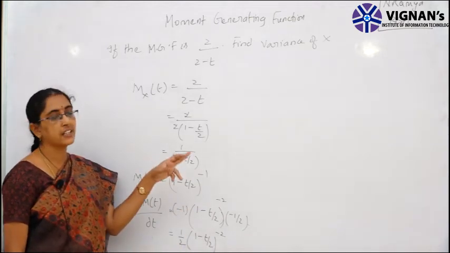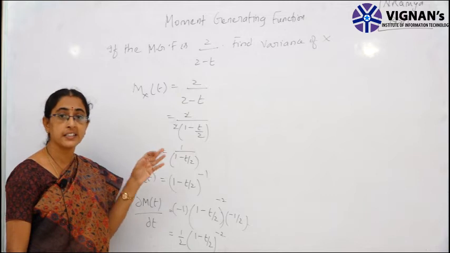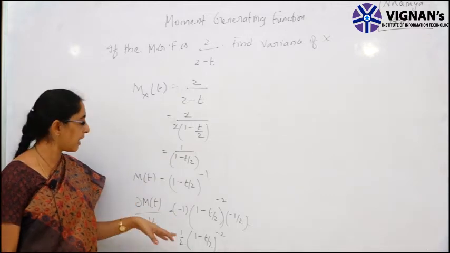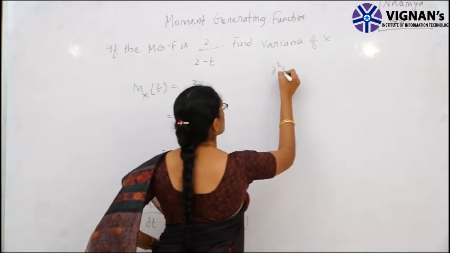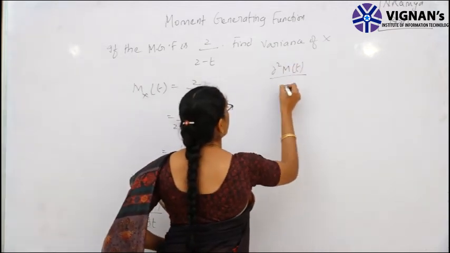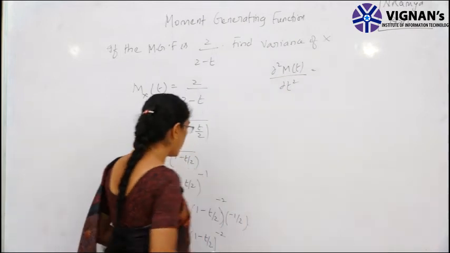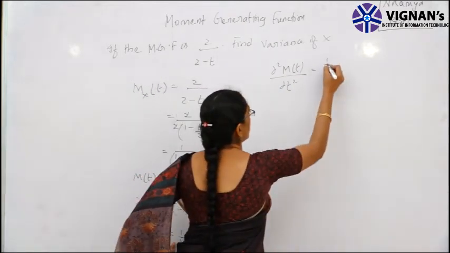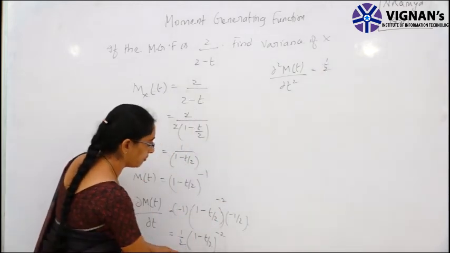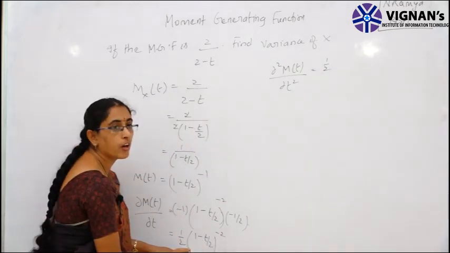Now, we have to find the variance, that means we have to find in terms of moment mu 2. So we have to differentiate this again, right. Then this becomes dou square m of t by dou t square. 1 by 2 is constant, so this will be like this only. Now differentiation of 1 minus t by 2 whole power minus 2.